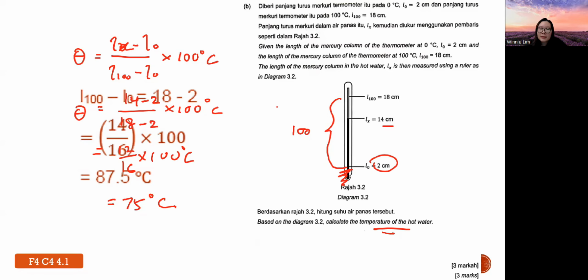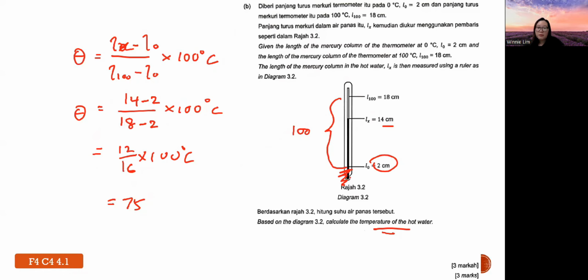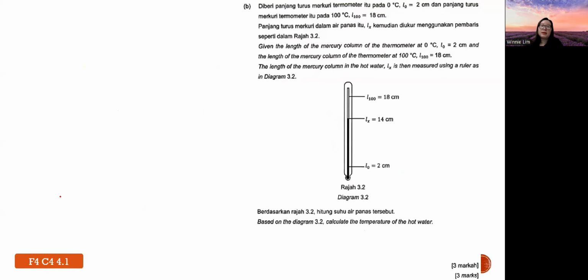I think the scheme is not accurate. It's based on the diagram. So LX is basically what? LX is 14 cm, okay? So supposedly, they are assuming it is from the bottom, from the bottom. That's why you still need to minus the 2. Okay, so the scheme is wrong, so be alert if you are referring to the scheme.